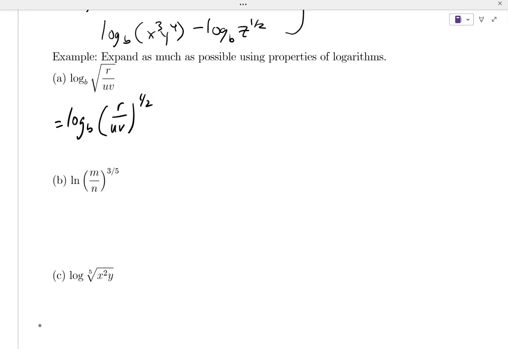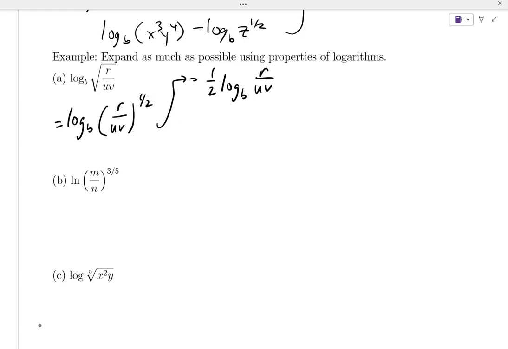This is pretty common going forward in other math classes: if you've got a square root, you might want to write it as a 1/2 power, because you can then use the exponent to apply other properties. So you write it as a 1/2 power, and then we can bring it down in front. That's the first thing we handle: make the square root a power, and bring the power down in front.